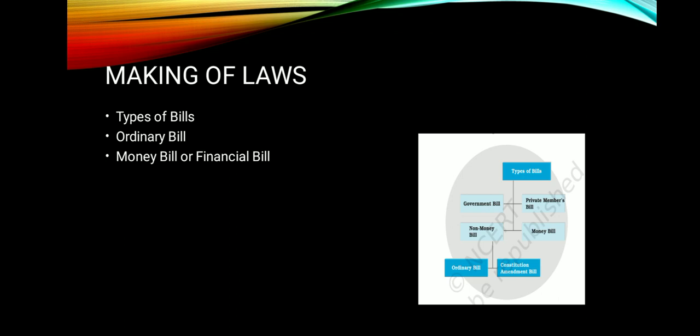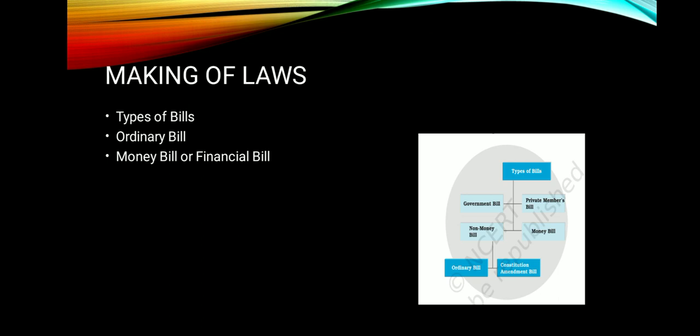If the government wants to spend some money or wants to earn some money, it will have to take permission from the parliament. As I told you earlier, the matter concerned with money is known as a money bill or the financial bill. Let me make it clear.